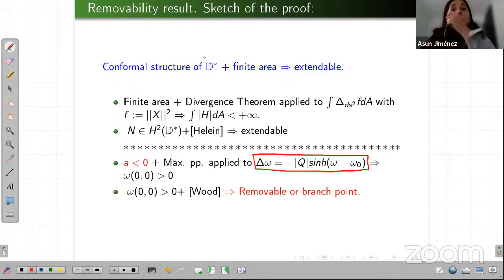You can take an exhaustion of annuli and do some computation and deduce that, in fact, at the puncture, the angle function is positive. So since it is positive, and by some result about harmonic maps into the sphere by Wood, either you don't have any singularity at all, the singularity is removable, or you have a branch point, but this case is impossible in the case of embedded surfaces, okay?